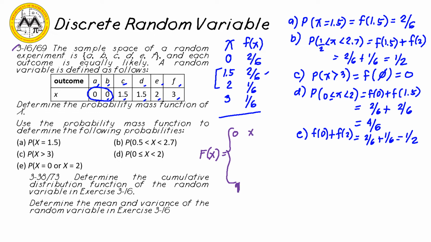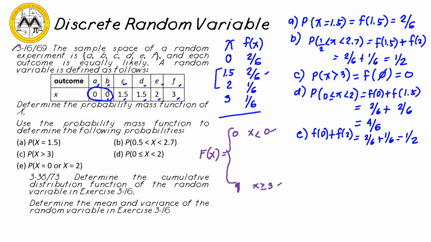It is 0 when x is less than the lowest value, 0, and it is 1 when x is greater than or equal to 3. So 0 when it is less than the lowest random variable, and 1 when it is equal to the highest.